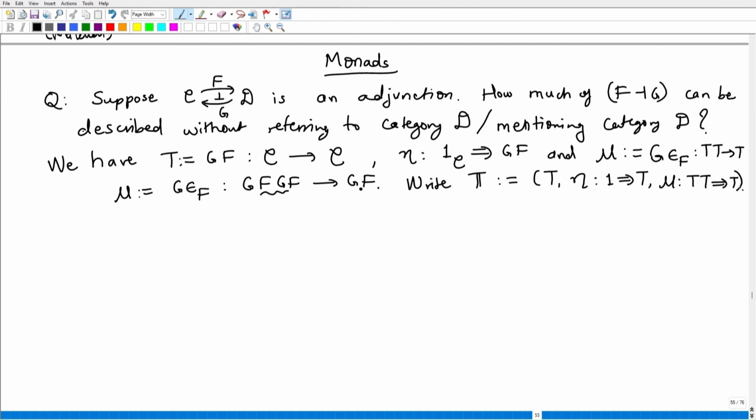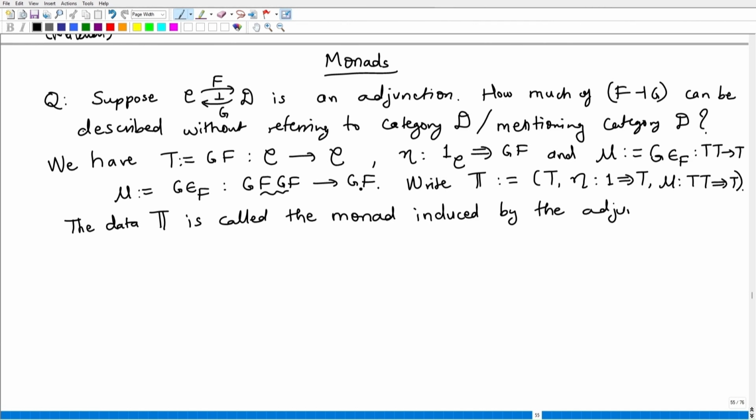So this triple, the data T, is called the monad induced by the adjunction F adjoint to G. Okay, this is not yet the definition.